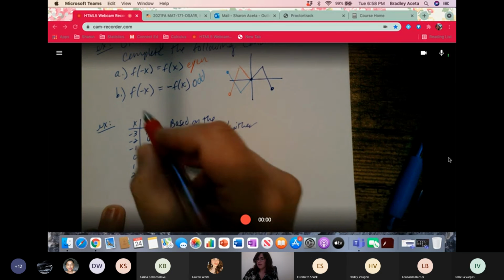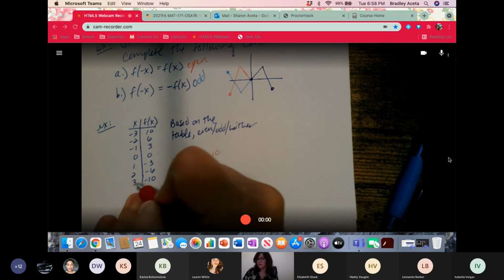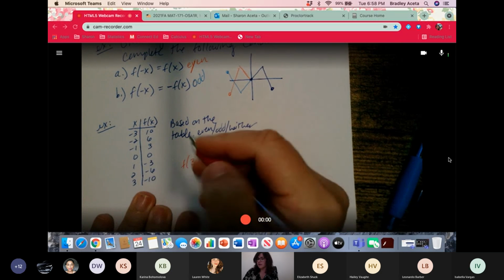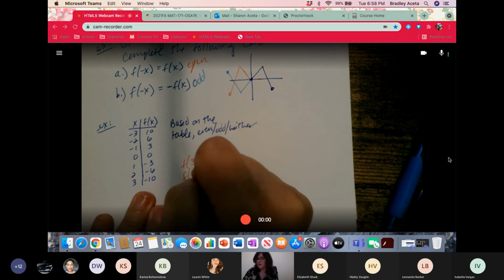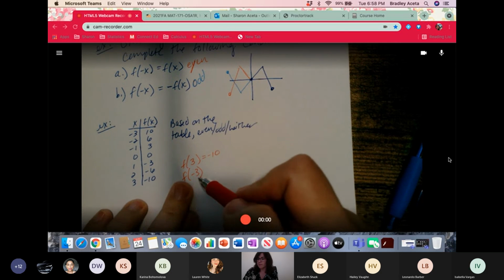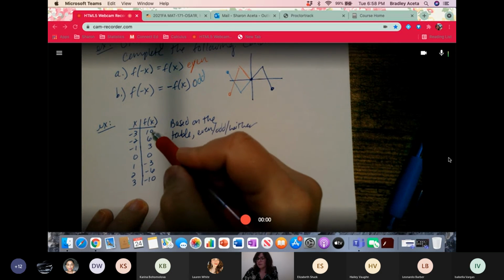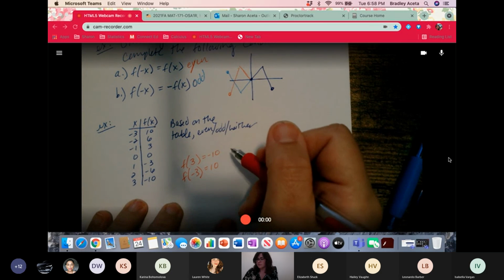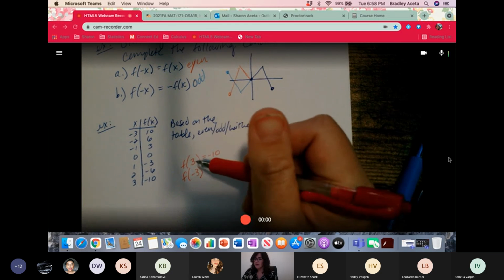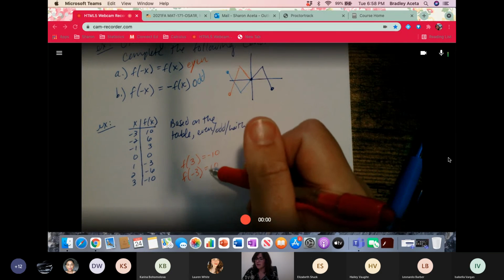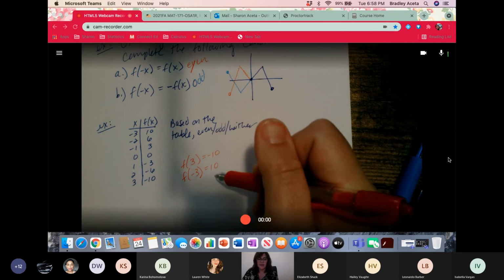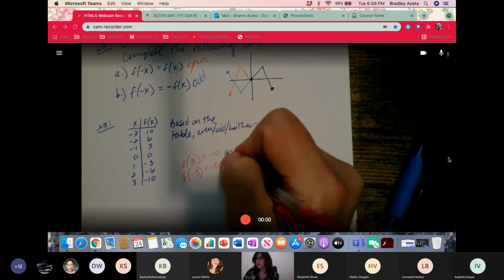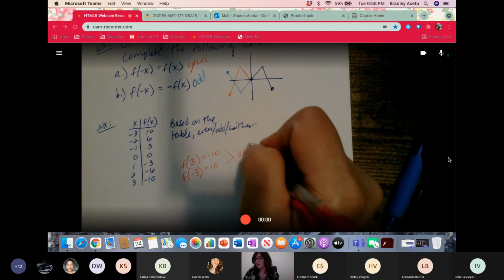And if I plug in the negative of that, so that's what this is saying, 3, -10, if I plug in f of -3, I get out, according to this table, +10. So it looks like I'm getting the opposite of what I originally had. So then this would be an odd function.